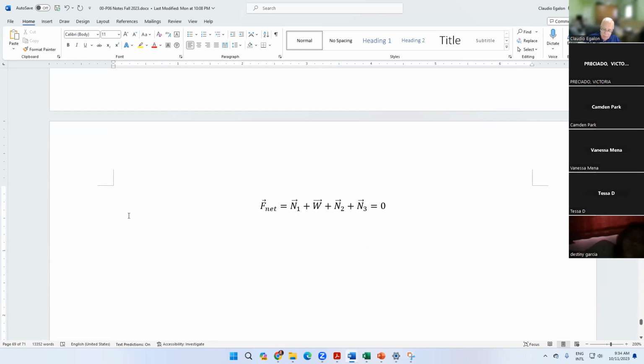From the diagram, this plus this is equal to 0. And this plus this is equal to 0. This plus this is equal to 0.